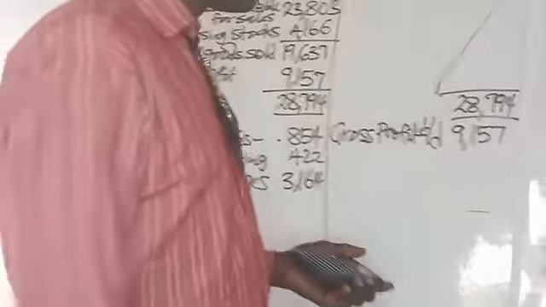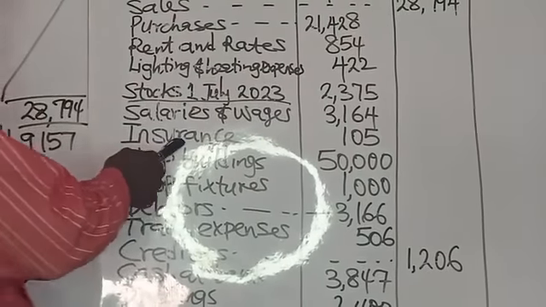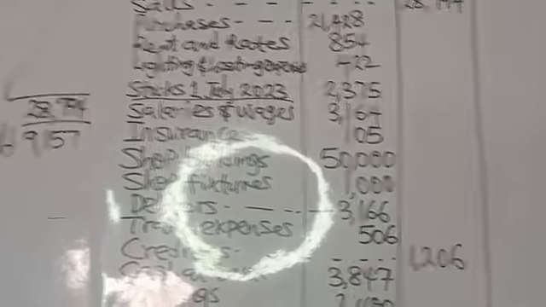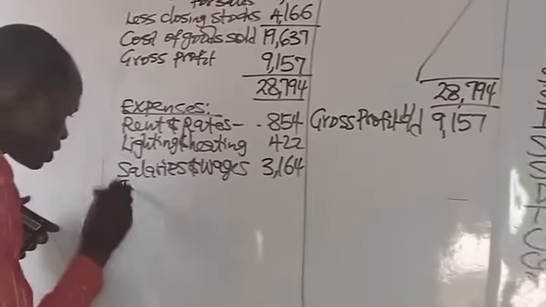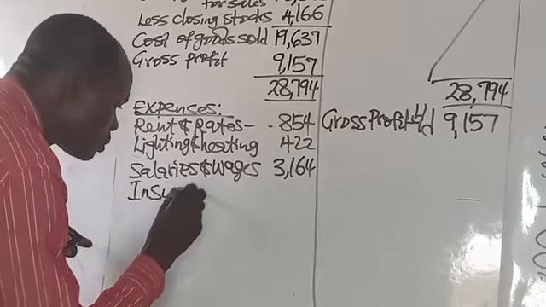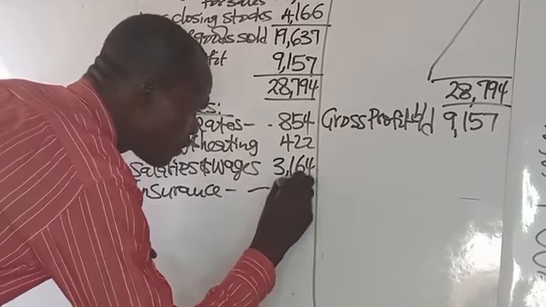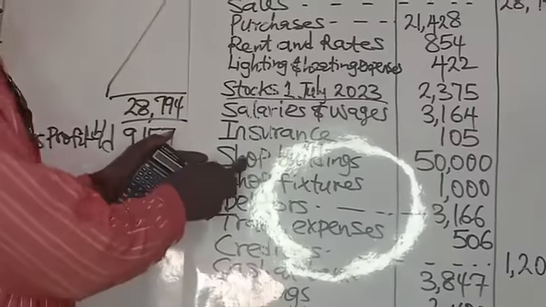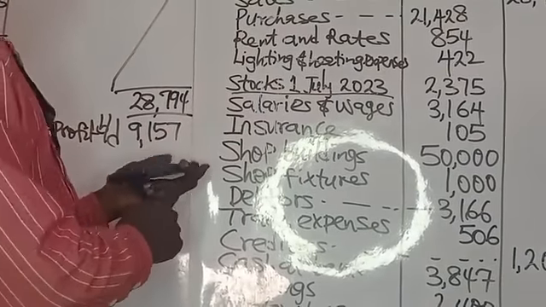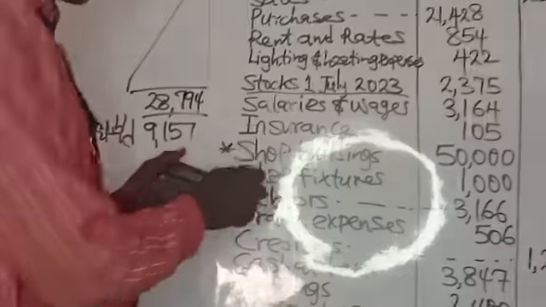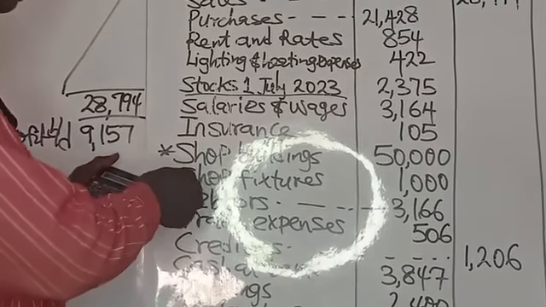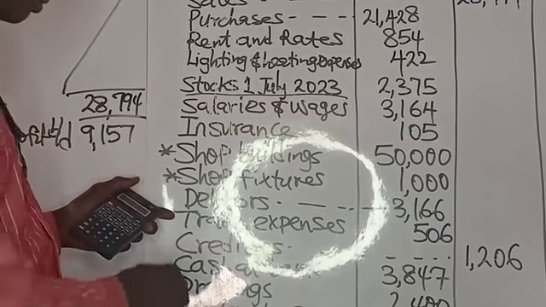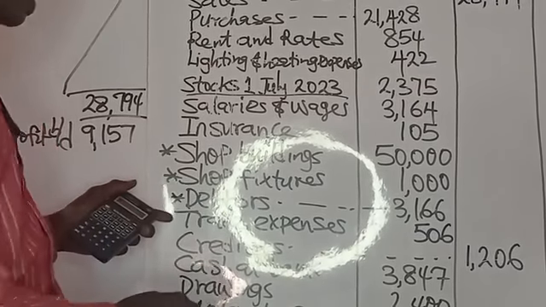Then we have insurance, 105. Shop buildings is a non-current asset. Shop fixtures is also a non-current asset. Debtors is a current asset.